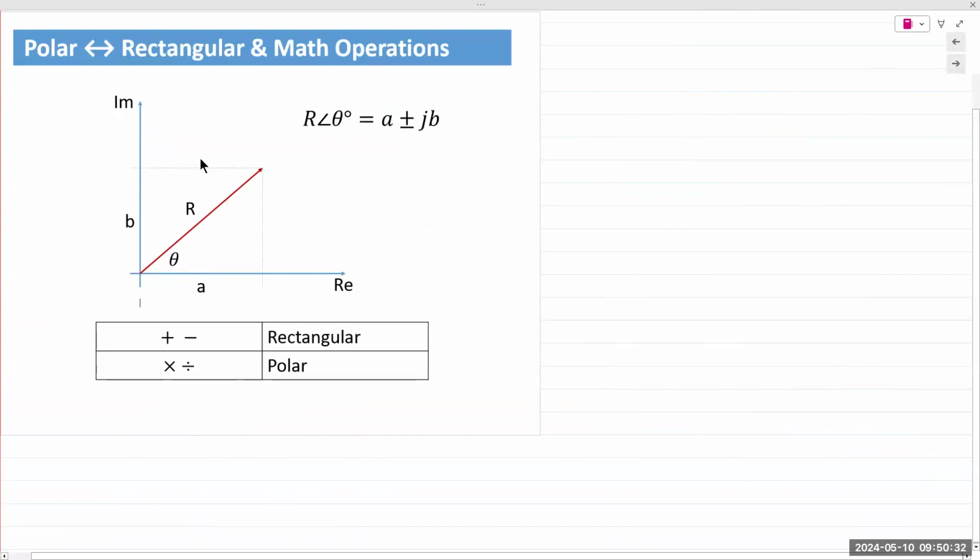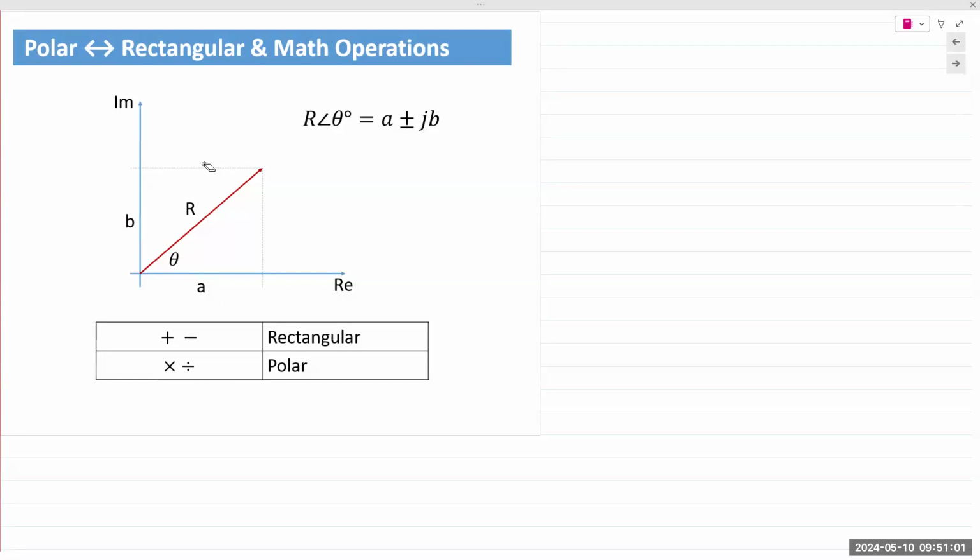Magnitude and phase are with a phase angle of theta, and then rectangular coordinates, the projection of that vector on the real and the imaginary axis gives us A and B, real and imaginary parts of that exact same vector, right? So in mathematical operations, nowadays you have programmable calculators, you have online solvers. You can easily program your entire equation in there, and it'll give you an answer in one step.